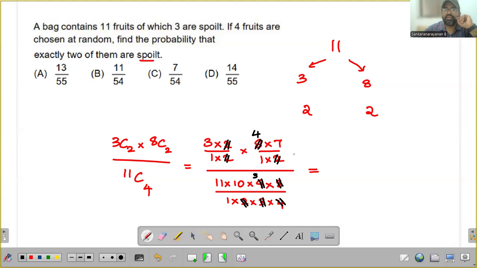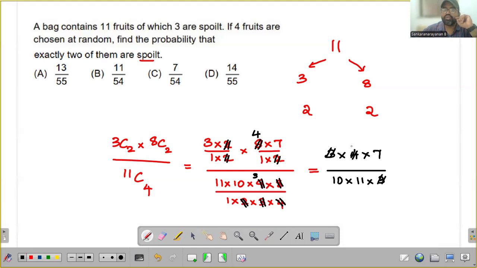Further, I don't have anything to cancel. So what remains is 3 into 4 into 7 whole divided by, in the denominator, 10 into 11 into this 3. So this 3 and this 3 can also be cancelled.